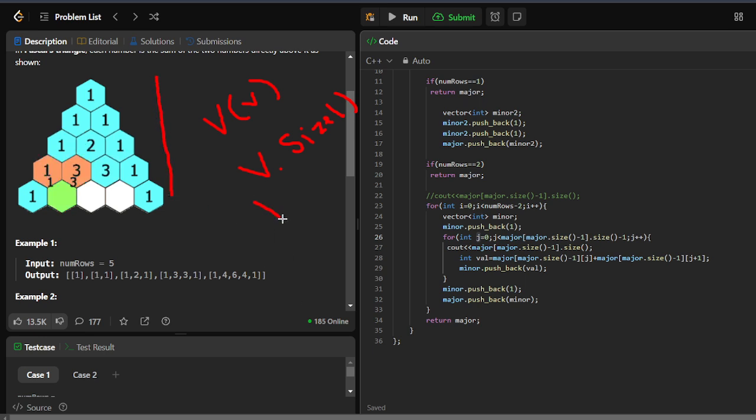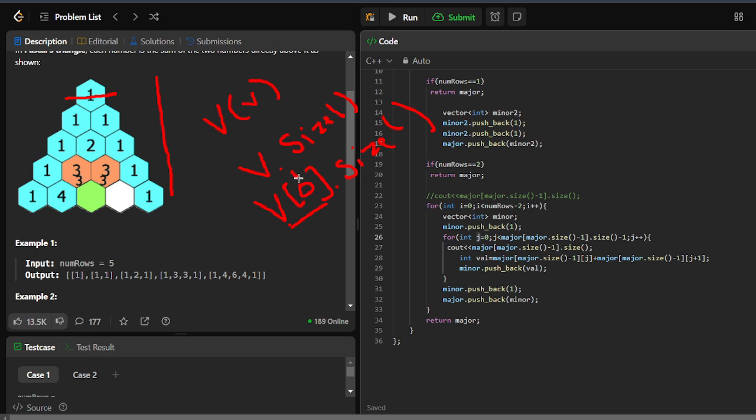If we write v zero dot size, zero is the zero index, so it gives the size of the zeroth row. If this is our zeroth row, what size will it contain? Only one.